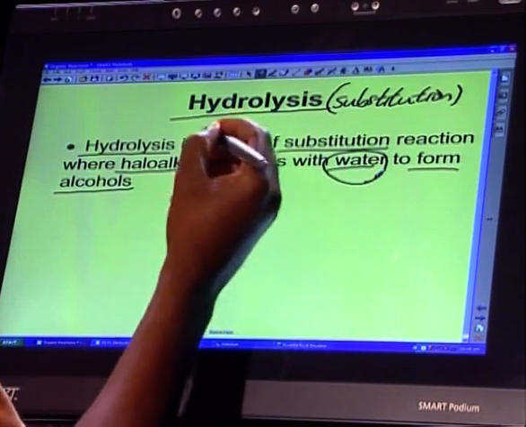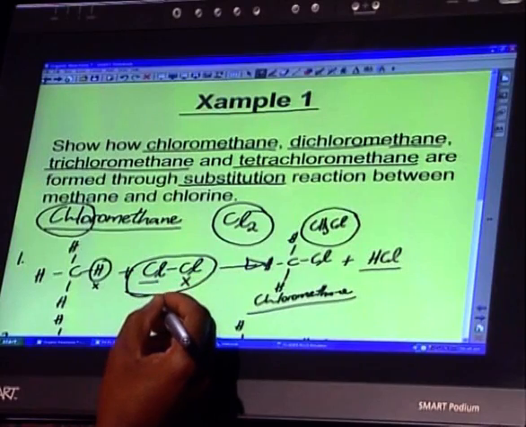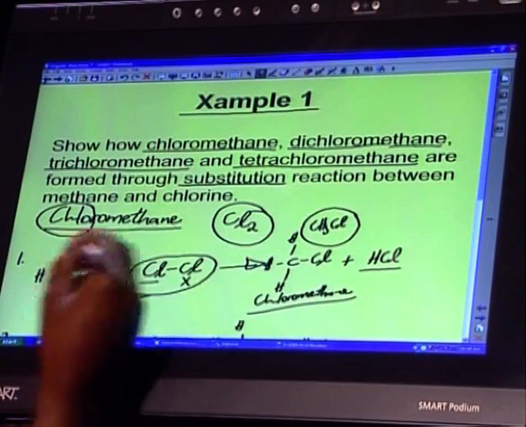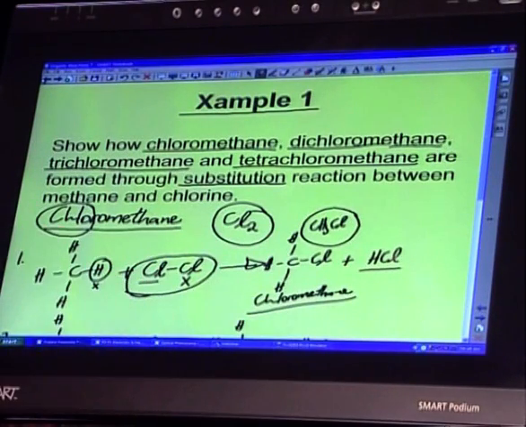So we are hydrolyzing these haloalkanes. Now, we can ask ourselves, what are haloalkanes? We can go back to example 1. All these, the chloromethane, dichloromethane, trichloromethane, tetrachloromethane, these are haloalkanes.